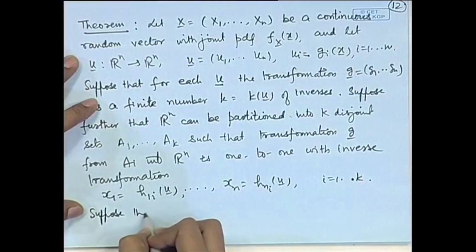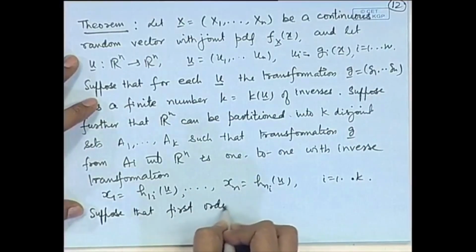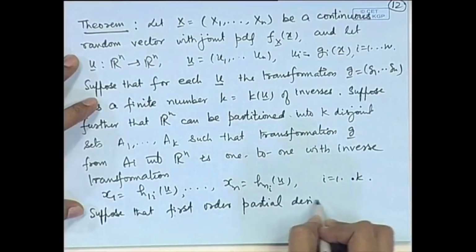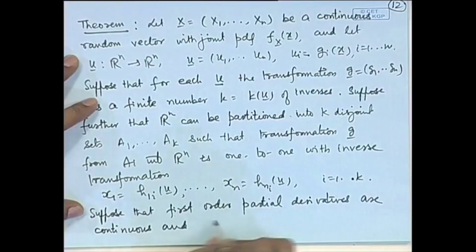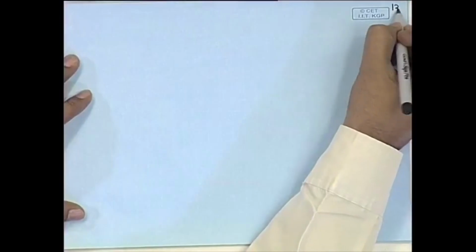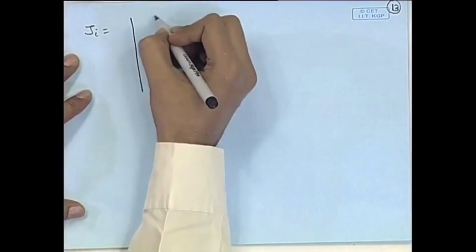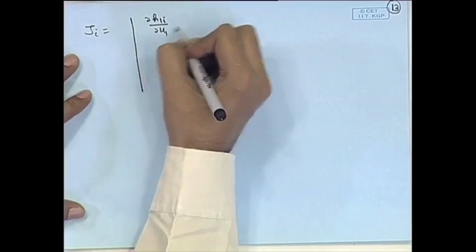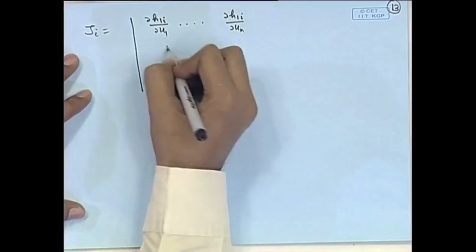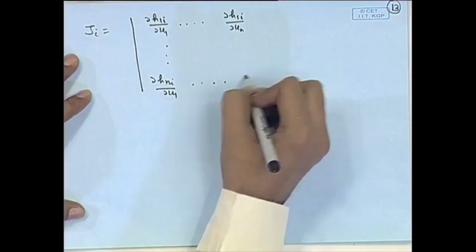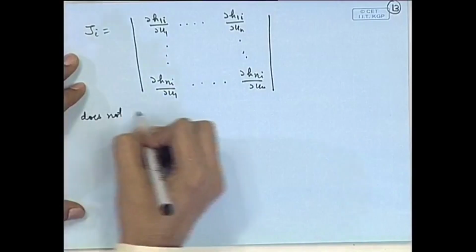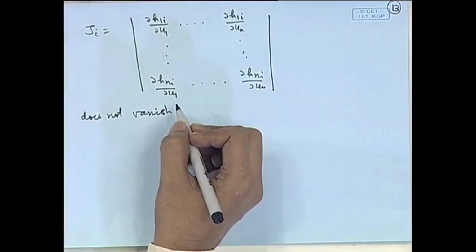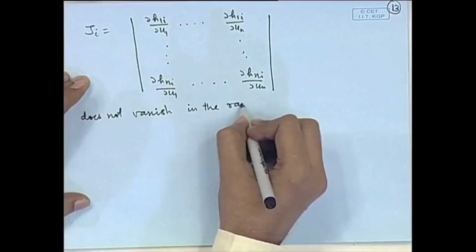Suppose that first order partial derivatives are continuous and each Jacobian, that is Ji, the determinant of del h1i by del u1 and so on, del h1i over del un and so on, del hni over del u1 and so on, del hni over del un, does not vanish in the range of transformations.